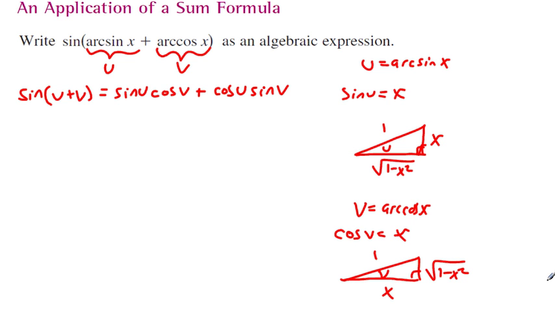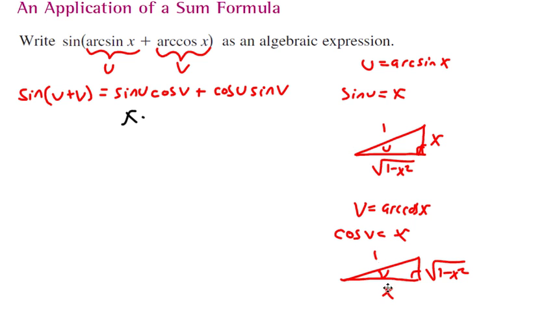This is very nice because now we have a reference for what u is and what v is. So let's just plug it in. Sine of u: go to u. Sine is opposite over hypotenuse, so sine of u is just x. Cosine of v: I go to v.